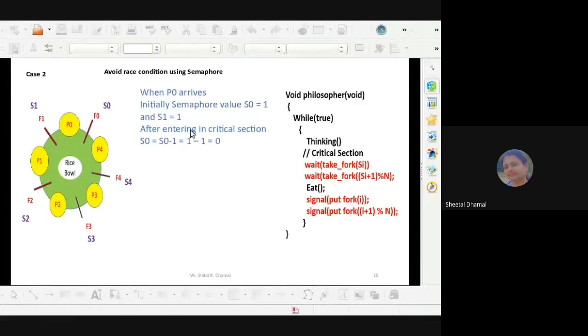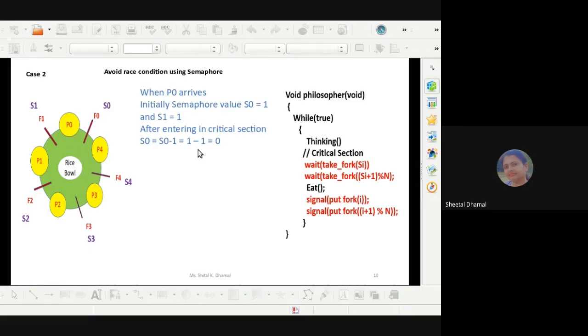When it enters the critical section, it will perform the down operation. Down operation means it will decrement the value of these semaphore variables S0 and S1 by 1, so that no other process will be able to enter into the critical section.